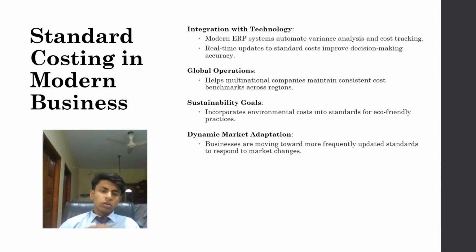Now talking about standard costing in modern day business. First of all, standard costing provides integration with technology. Modern ERP systems apply real-time tracking of variances, making standard costing more accurate and controllable.